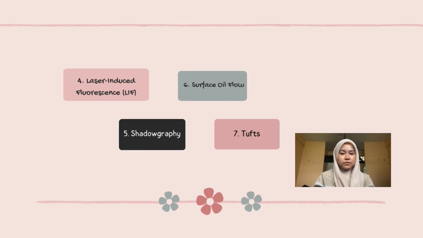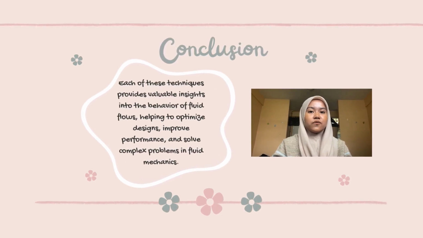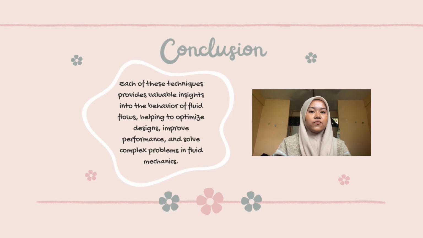Shadowgraphy. 6. Surface oil flow. 7. Tufts. The conclusion is each of these techniques provides valuable insights into the behavior of fluid flow, helping to optimize designs, improve performance, and solve complex problems in fluid mechanics.